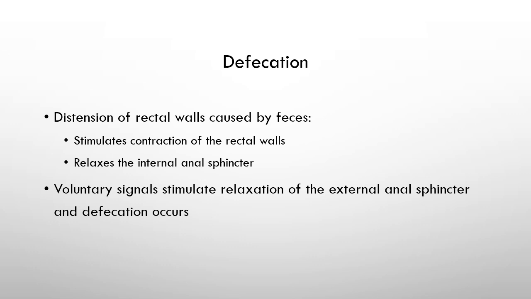Once that waste has been in the rectum long enough, it's eventually going to essentially pile up, so to speak. And as it does so, it starts to stretch out the rectal walls. And as those rectal walls stretch out, that sends signals up to the spinal cord.